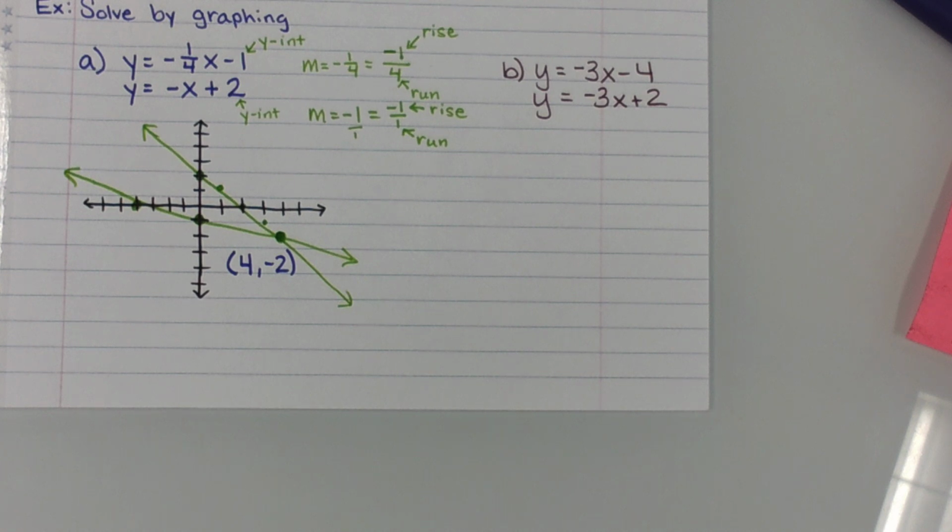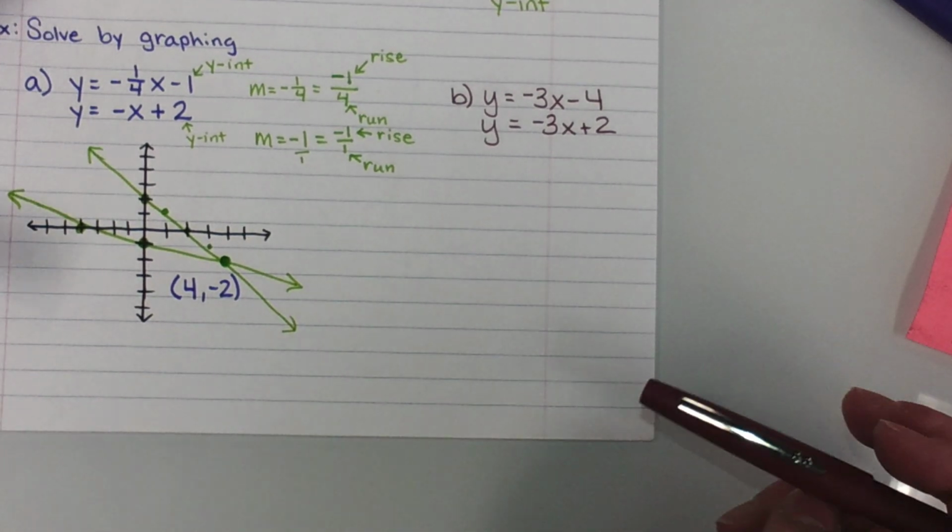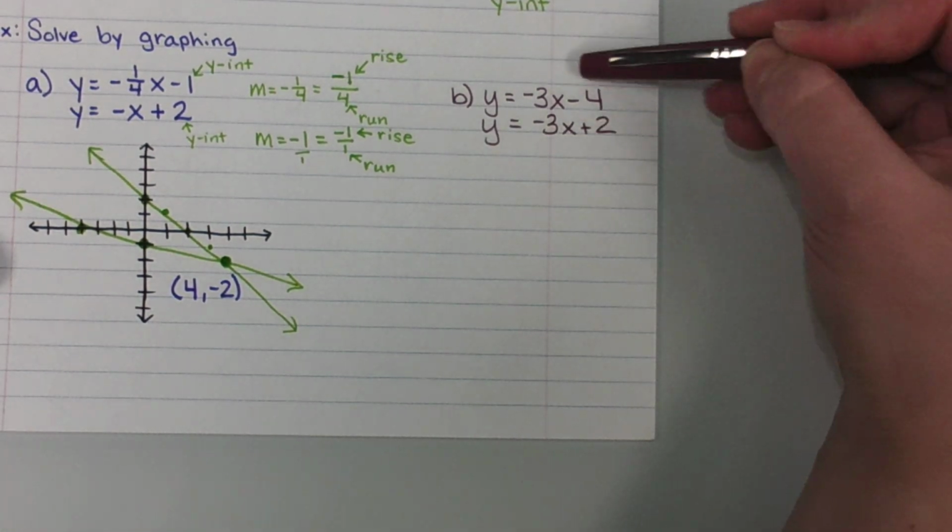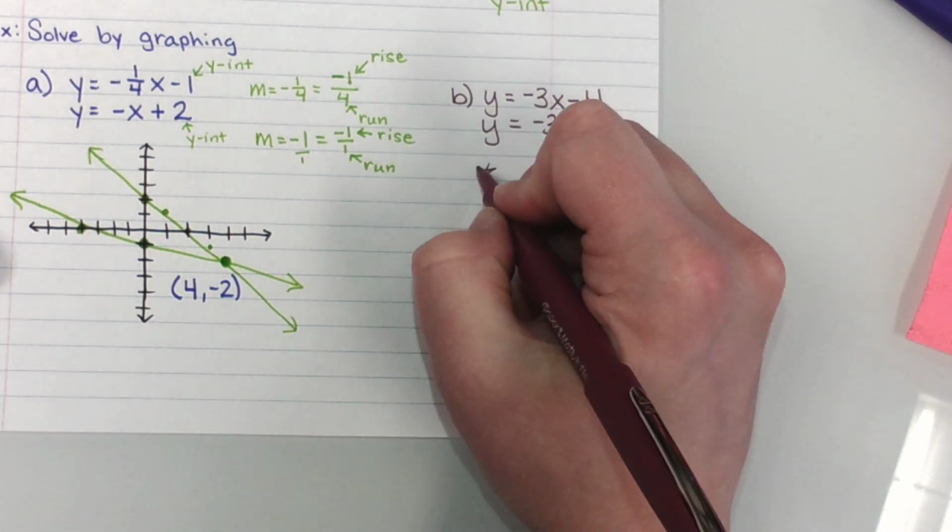What do you notice about the slope of these ones? It's the same, which means these lines are either the same or they're parallel. Are they the same line or are they parallel lines? Parallel because the y-intercepts are different.